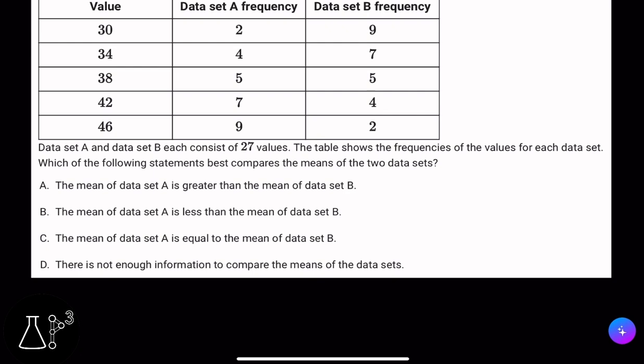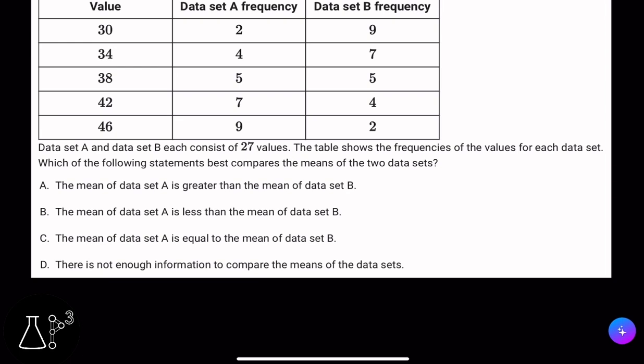Okay, so we remember what mean is. Mean is just the total divided by the number of numbers used. And frequency is how many times the number is used, and value is just how much the number represents. So all I have to do now is look for the mean and then compare them both.